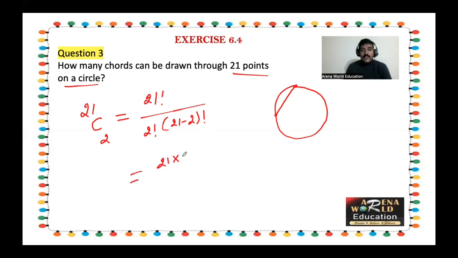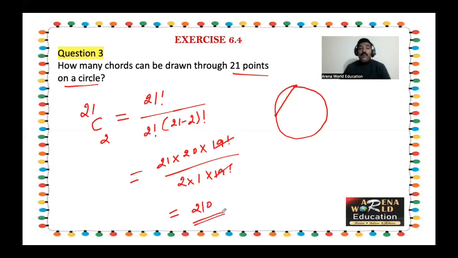So 21 into 20 into 19 factorial, divided by 2 into 1 into 19 factorial. The 19 factorial will be gone. We are left with 21 into 10, so this will be 210. So for question number 3, 210 is the correct answer.